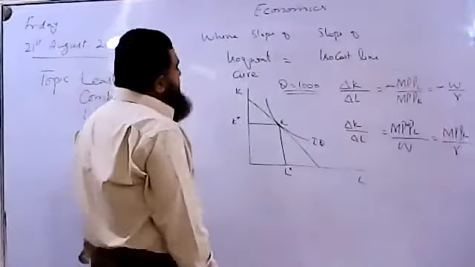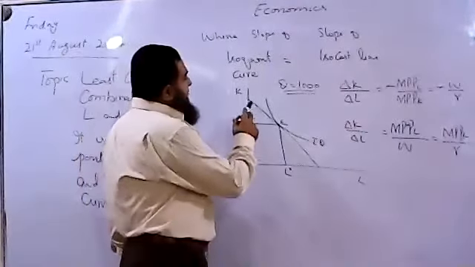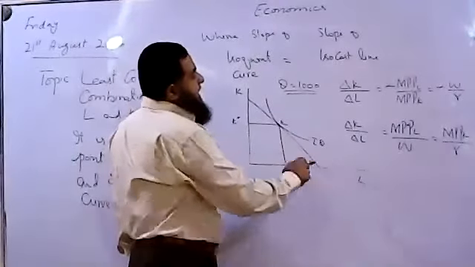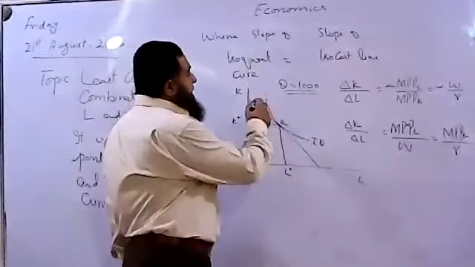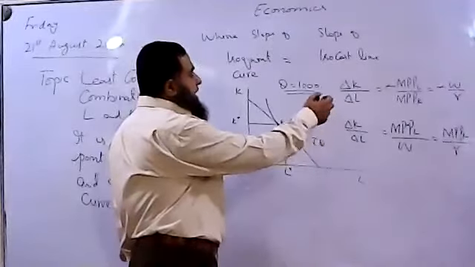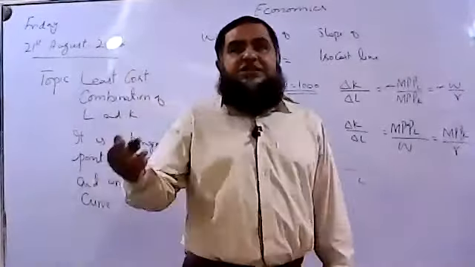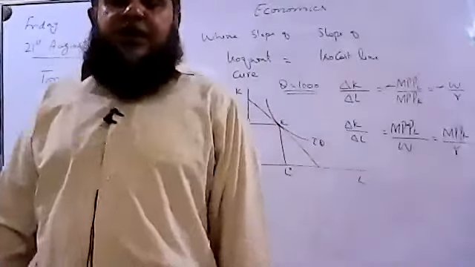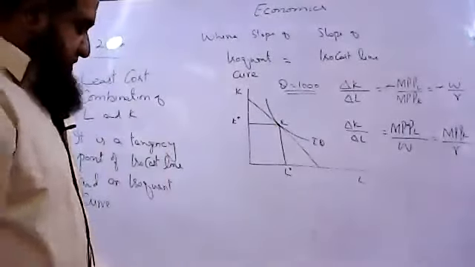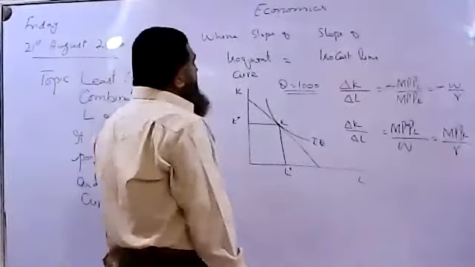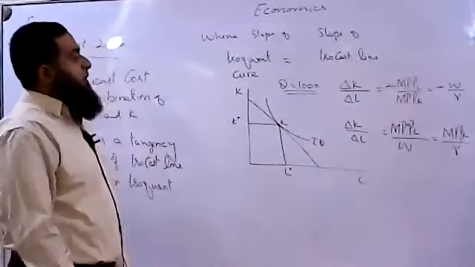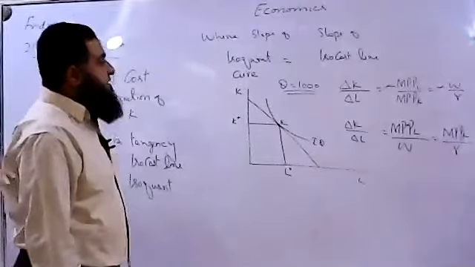Okay, you can find over here, if wages are falling, this isocost line will be rotating outward, then the firm will be able to hire more workers to produce more output. And if wages are increasing, then the isocost line will be rotating inward, then fewer workers will be hired by the firm in order to produce less output.